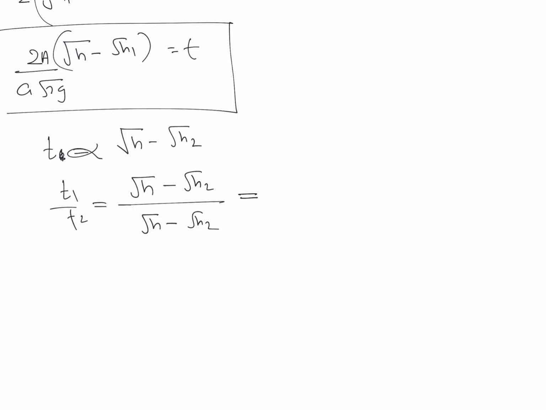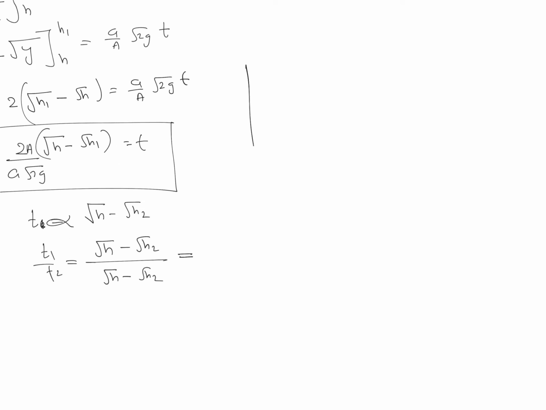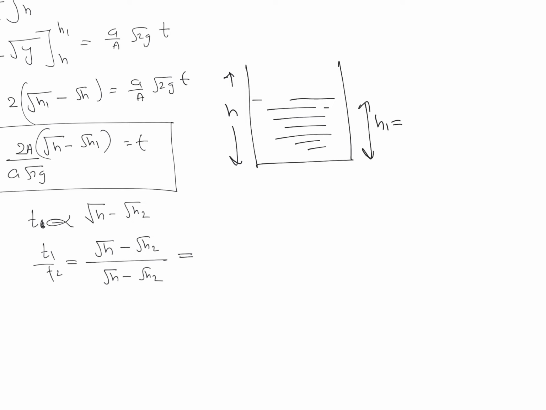So if you are putting the value, let's see what is given in the question. In the question it is given that 1/4 of the tank is emptied. So if 1/4 of the tank is emptied in time t1, that means we are assuming that the initial height was h. Now 1/4 is emptied, that means 3/4 is left. So now the value of height is nothing but 3/4 times h. So we can write 3/4 h.